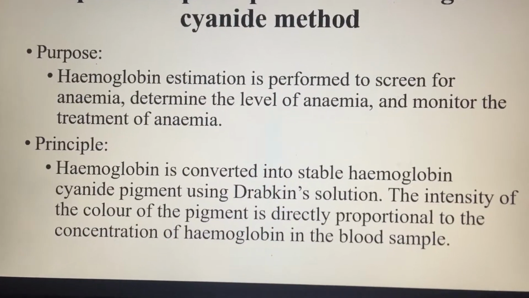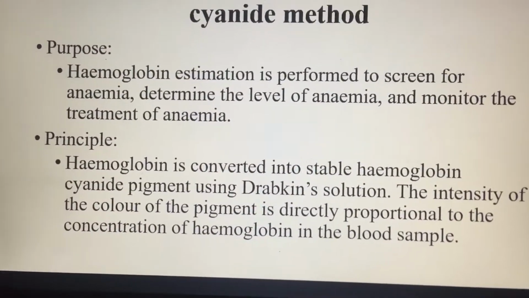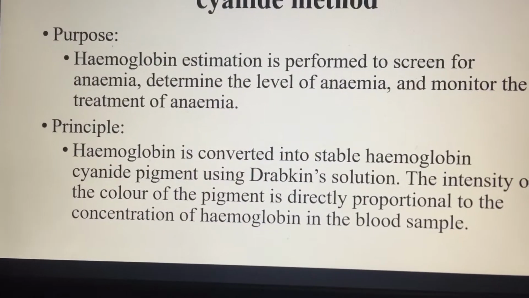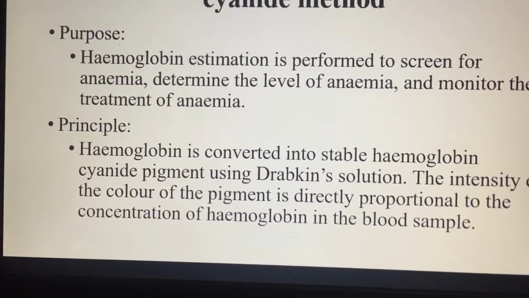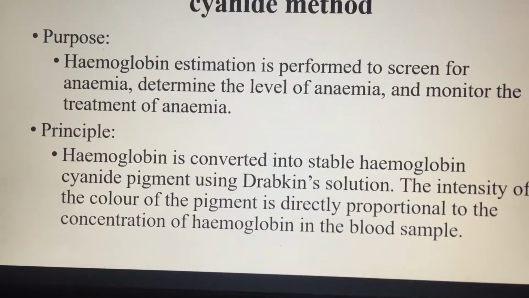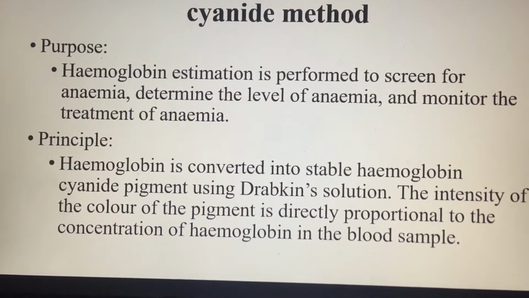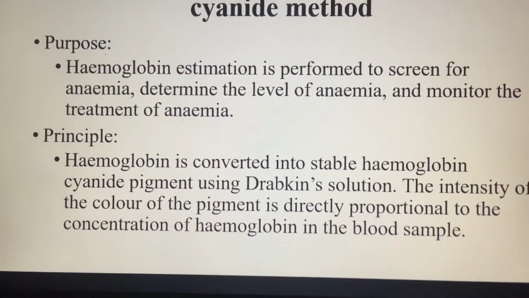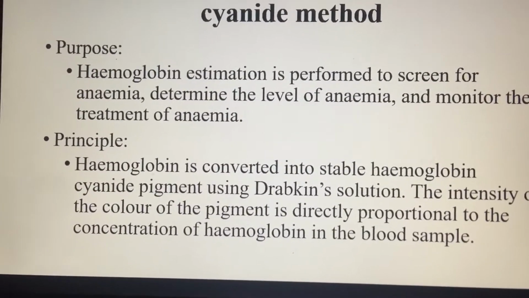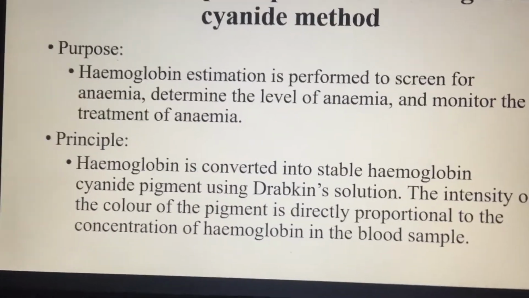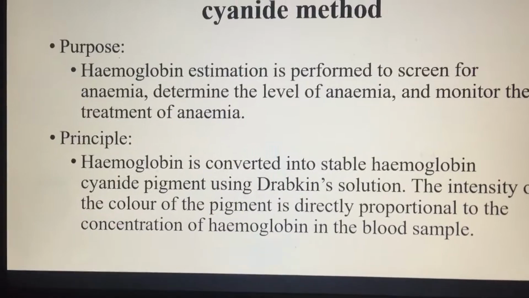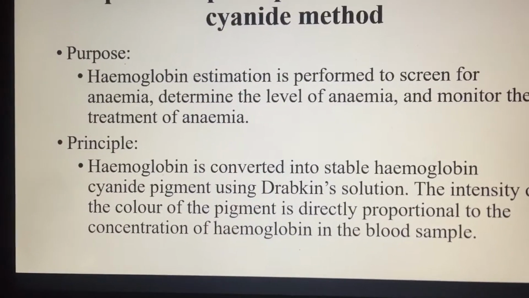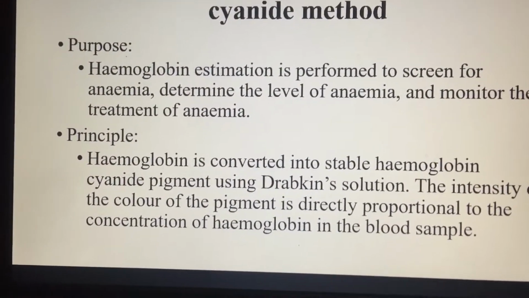That is the principle, the mechanism behind it. Hemoglobin is converted into stable hemoglobin cyanide pigment using Drabkin solution, a solution which contains potassium cyanide. The potassium cyanide combines with hemoglobin pigment to form the stable hemoglobin cyanide pigment.